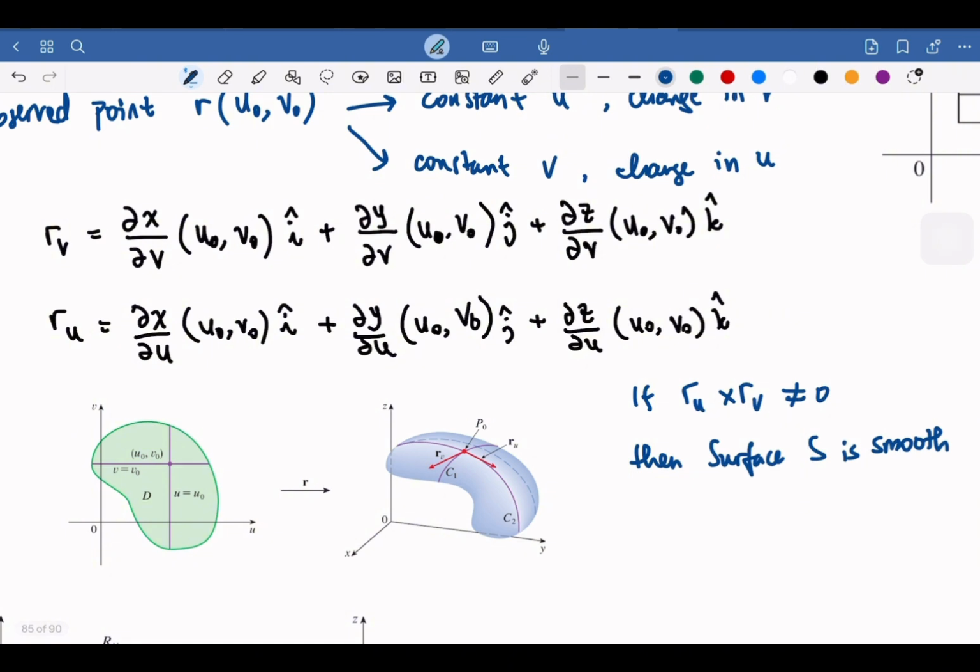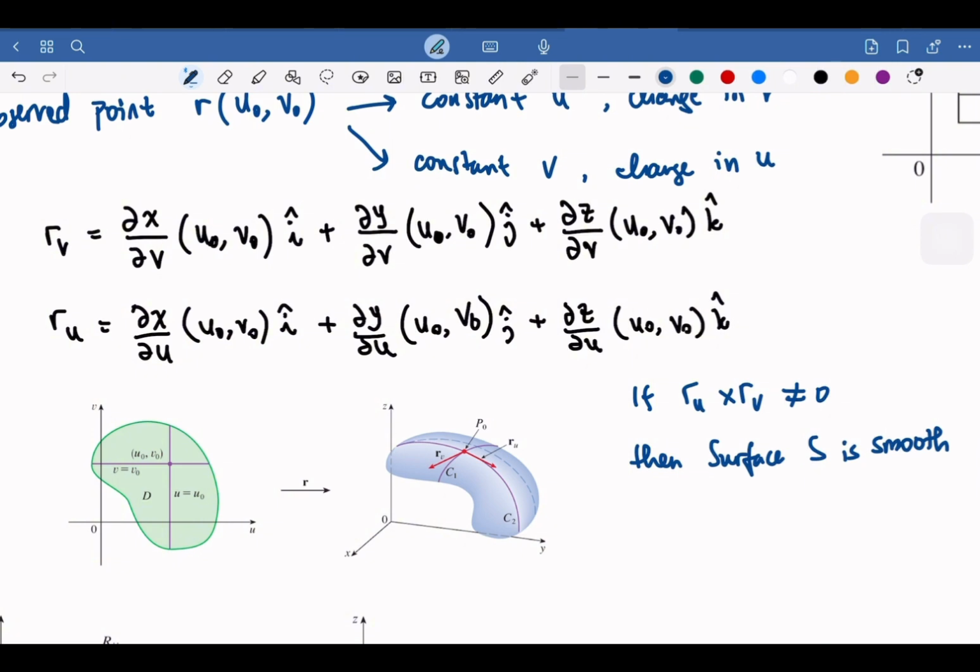Which means, if you remember, what is the result of the cross product? It is the right-hand rule, right? So you have, for example, x, y, and you have the z-axis. For every point along this tangent vector, when we take the cross product, there will always be a normal vector. If we have all the normal vectors, then we say the surface is smooth, like maybe a ball with a needle.